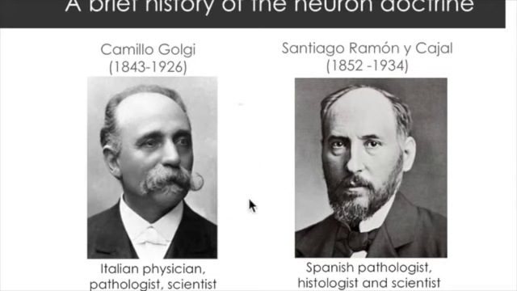And so there were two influential scientists, Camilo Golgi and Santiago Ramon y Cajal. One was Italian, the other was Spanish, and Golgi was really quite famous at the time for his reticular theory, and so that's the idea that individual cells of the brain work together as one continuous sheet, right?